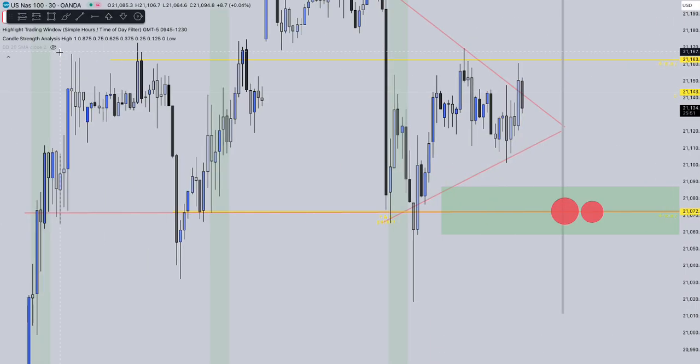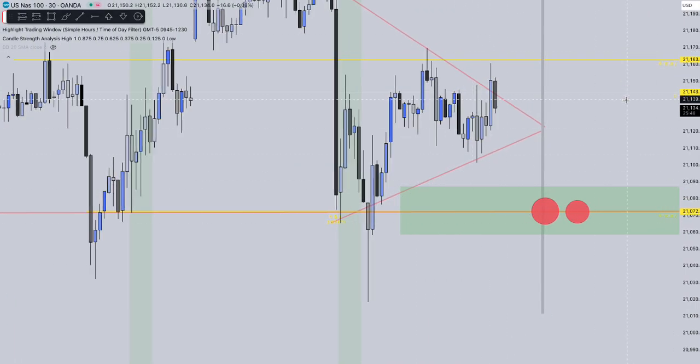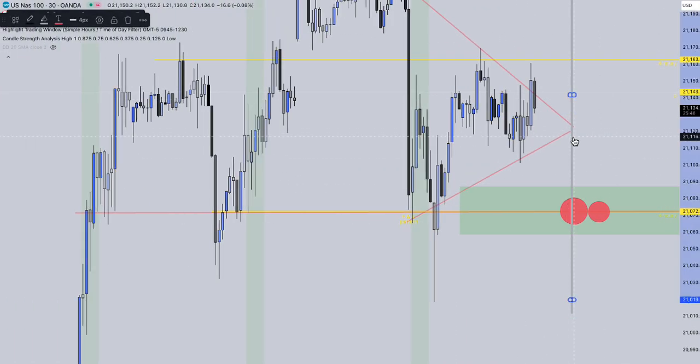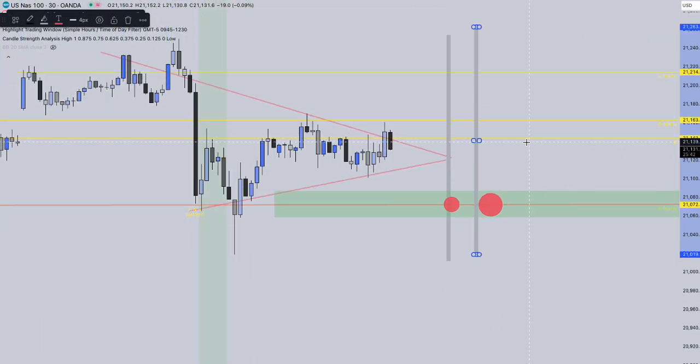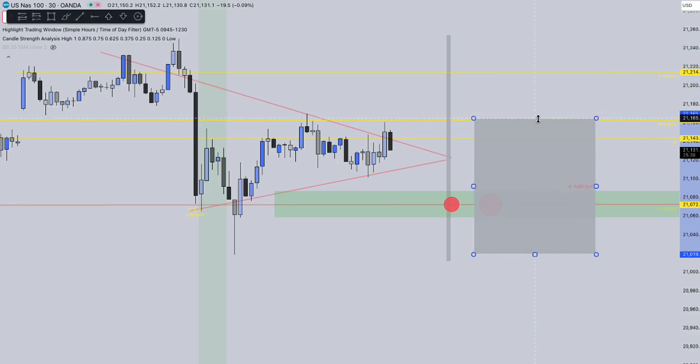Within a range. So if price trades within this range, we're not going to trade it. We're not going to trade up there anyway, so we can probably cover that all up.